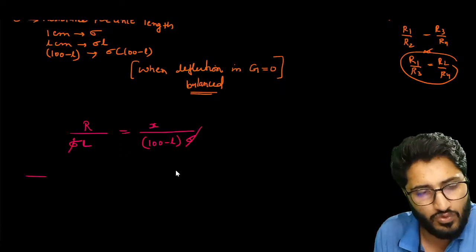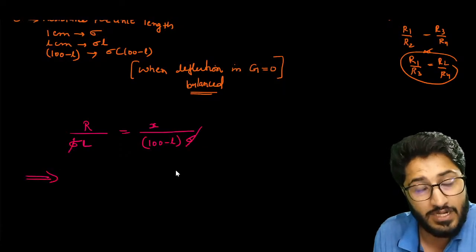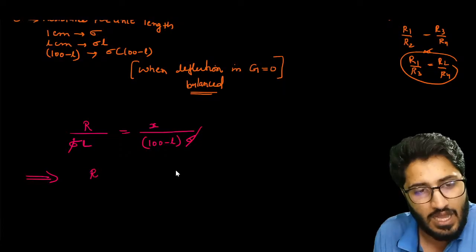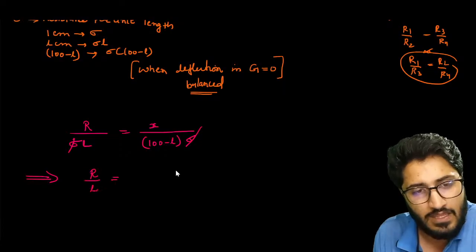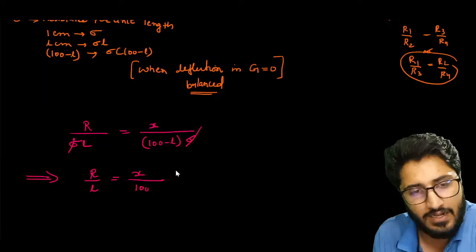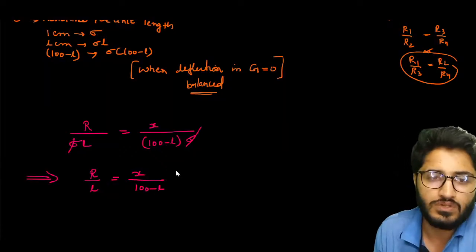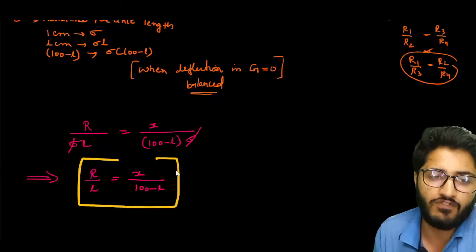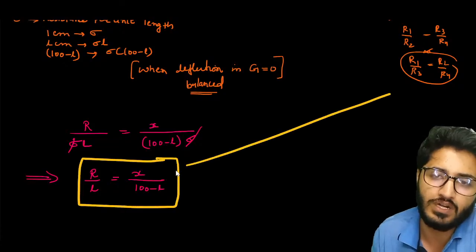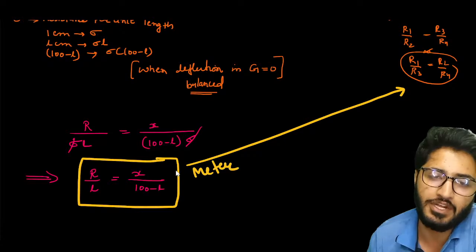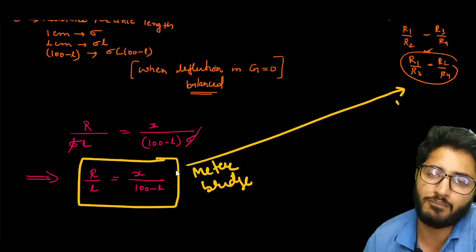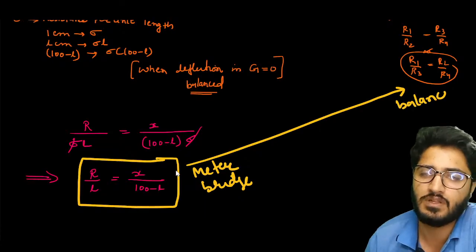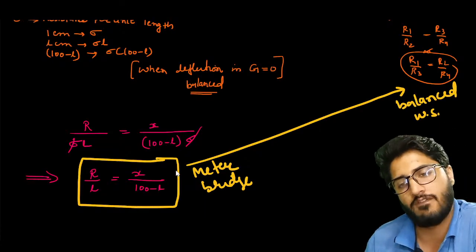Sigma cancels out, so in the meter bridge, R by L equals X divided by 100 minus L. This is the relation of the meter bridge, and it is the same as the balanced Wheatstone bridge.